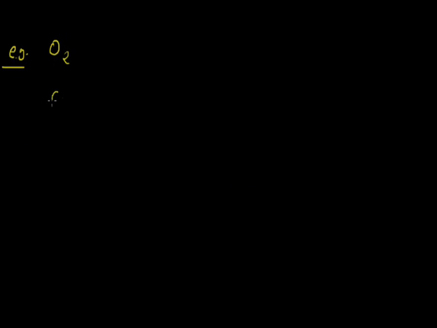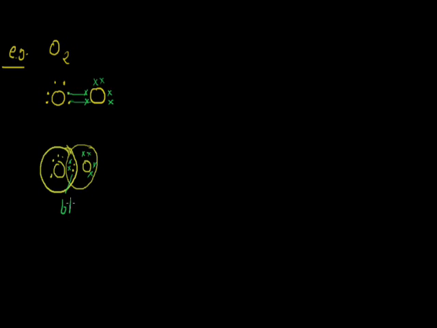In O2, each oxygen has 6 electrons in the last orbit, and another oxygen has 6 electrons. So these form a double bond, and the remaining pairs are called lone pairs. This is O double bond O.